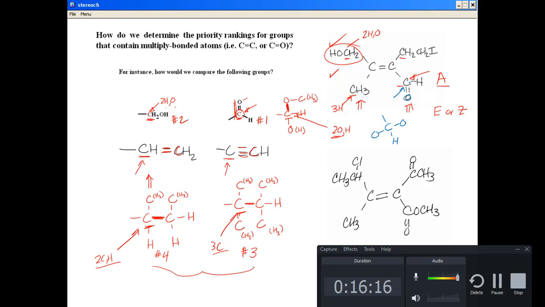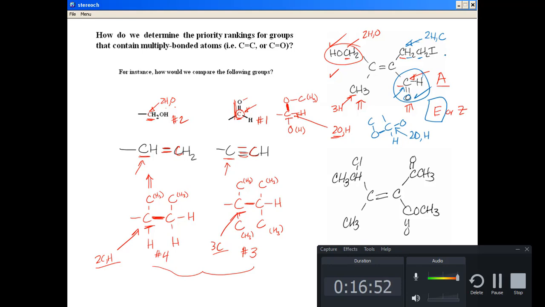The oxygen-carbon double bond gets 1, 2 OC single bonds. So what's attached to this carbon? 2 O's and an H. Up here, what's attached to this carbon? 2 H's and a C. So who wins? This group wins. And so what is this molecule? It's E.